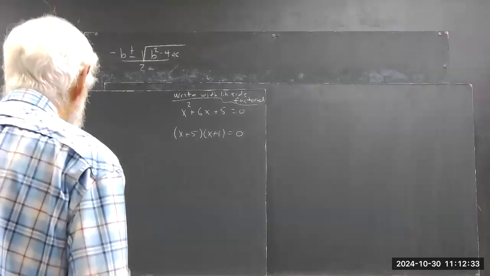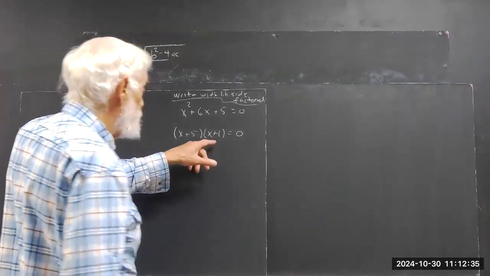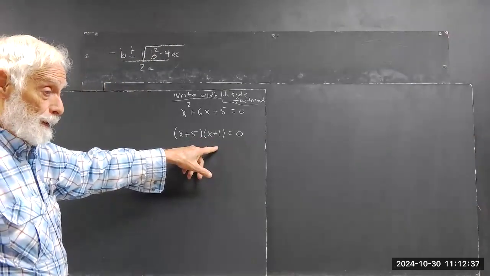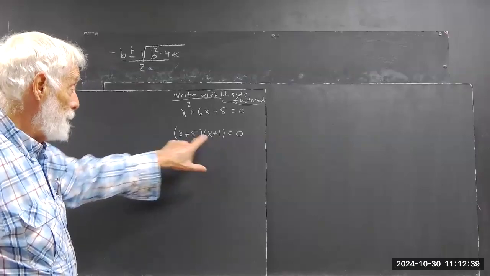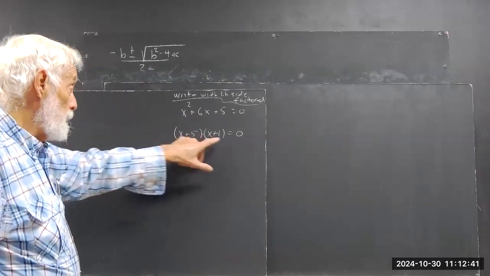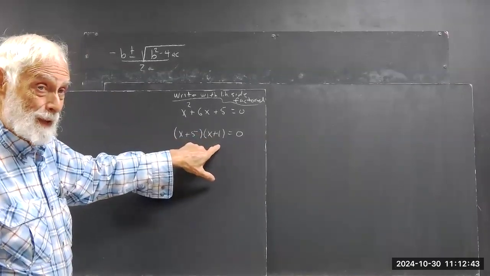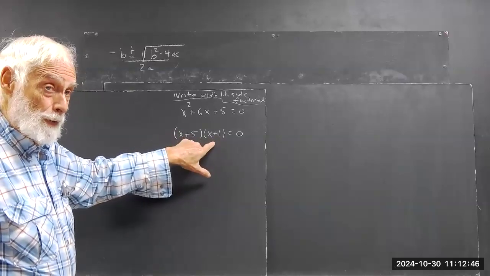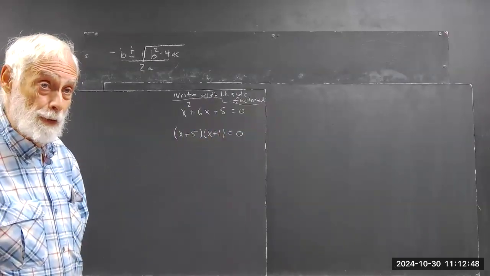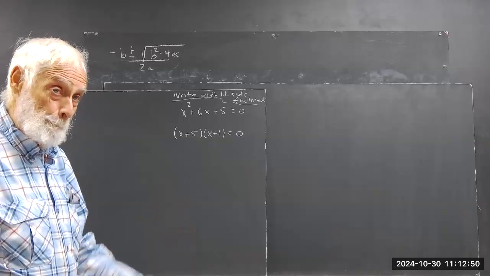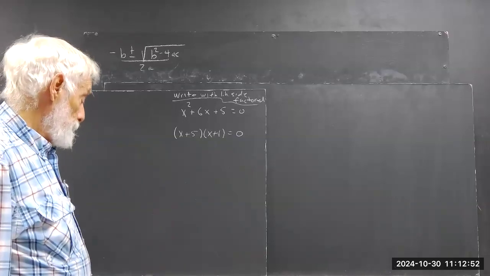Okay, so if x is -1, you get 0 here. It doesn't matter what you get here. Well, it's going to be 4, but it doesn't matter at all what this is. If this is 0, the whole thing's automatically 0. Okay, that's very important.